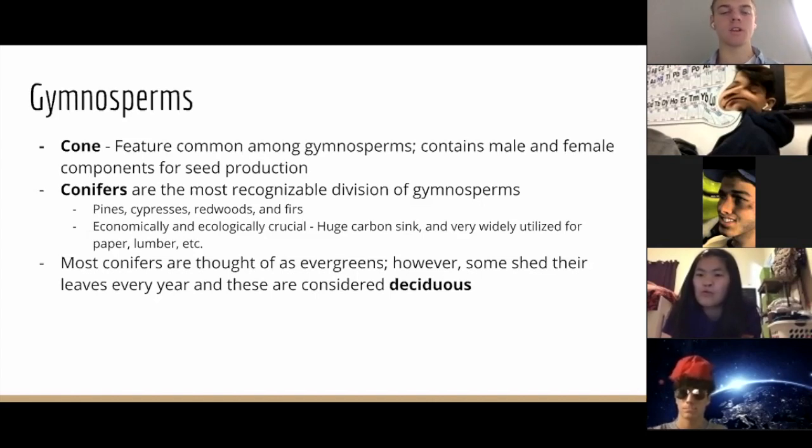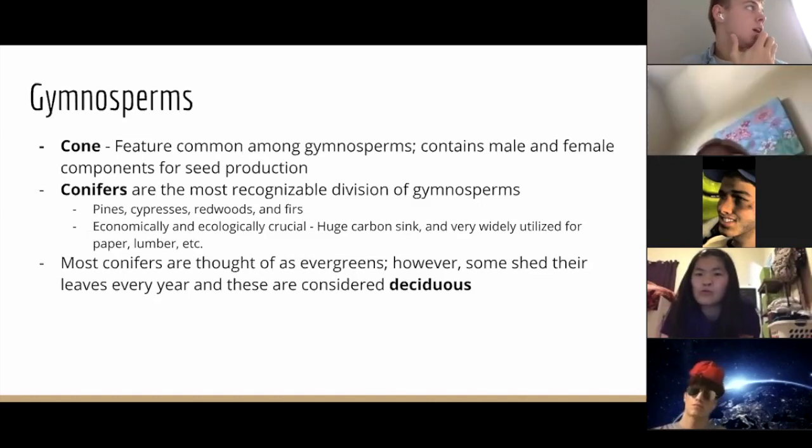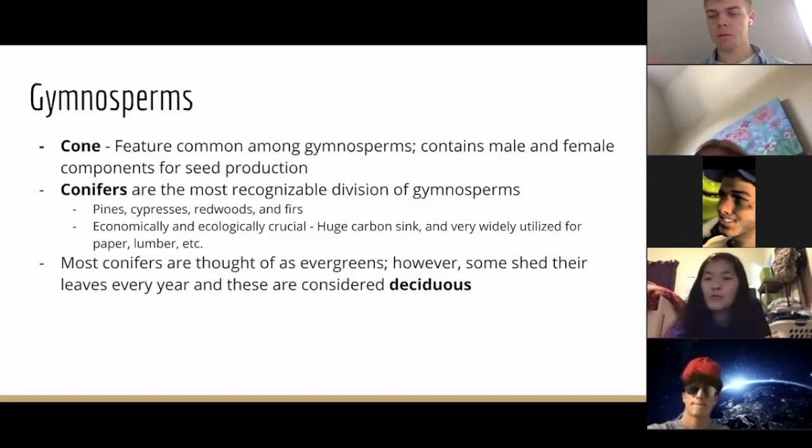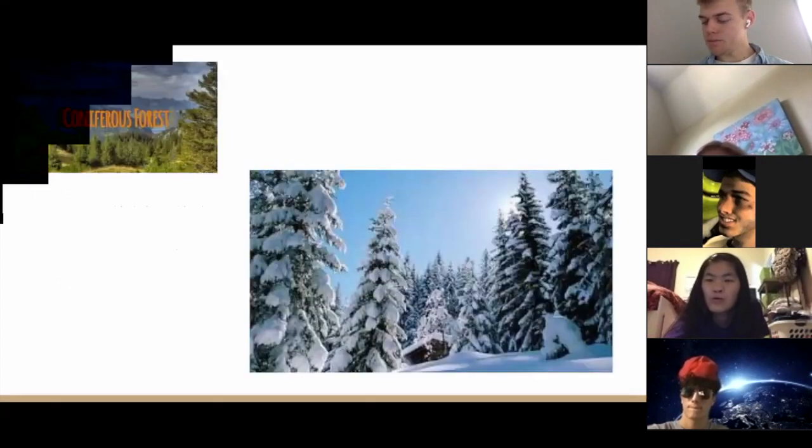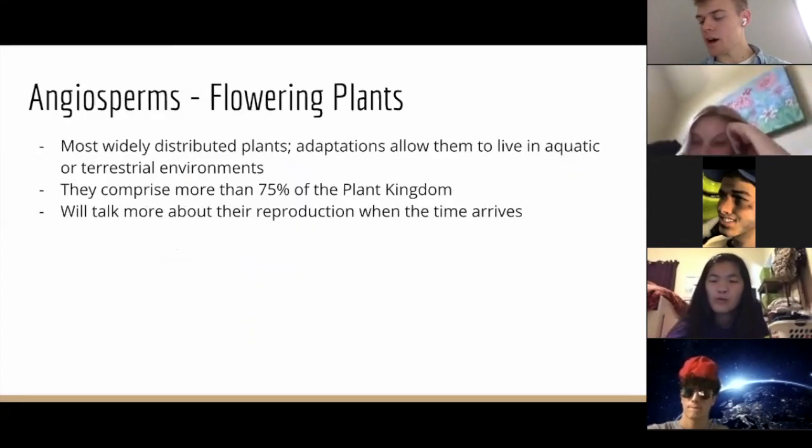Some of them are deciduous, but most of them are evergreens, and evergreens never shed their leaves. If they're pine trees, they always have their pine needles on their branches. Coniferous forest, and so on.